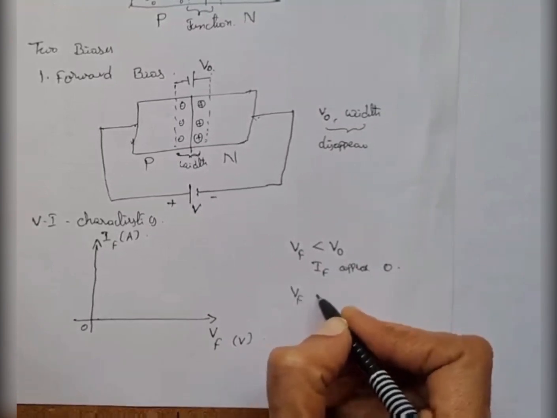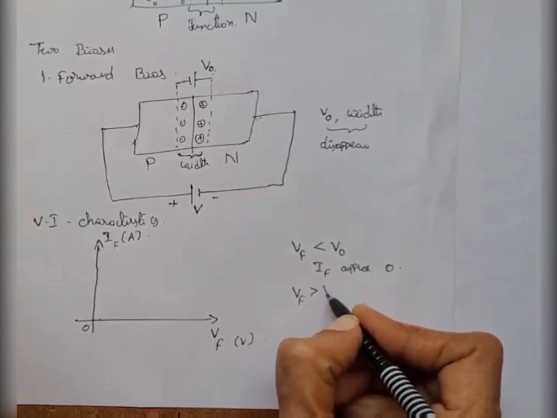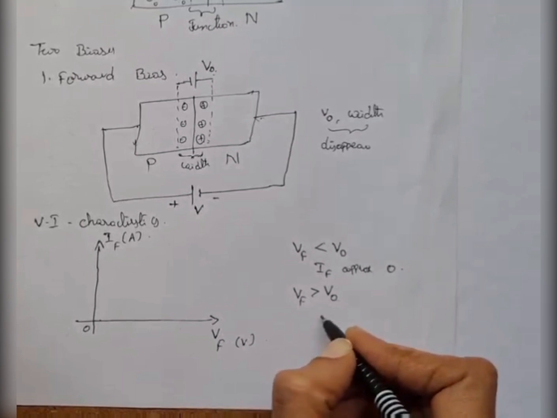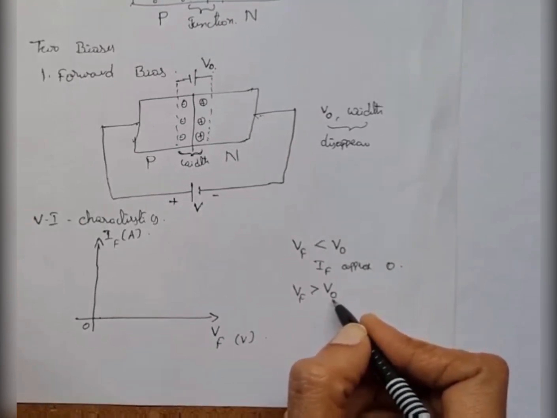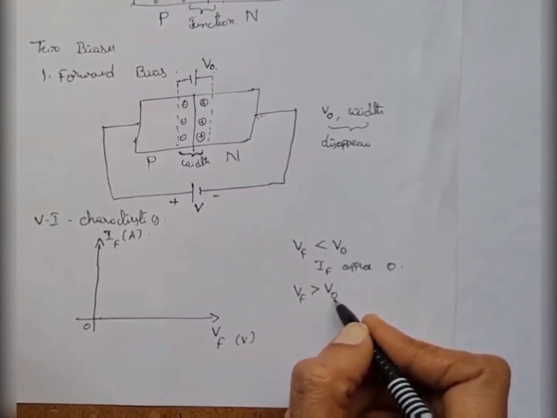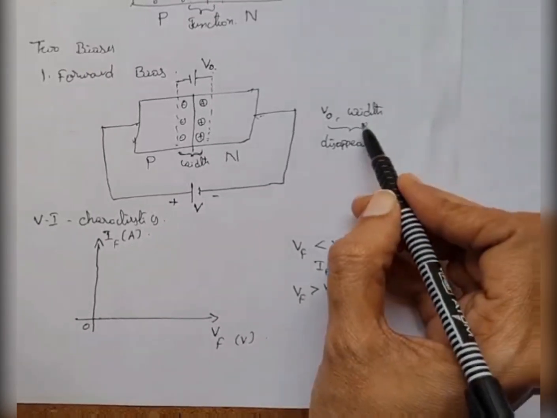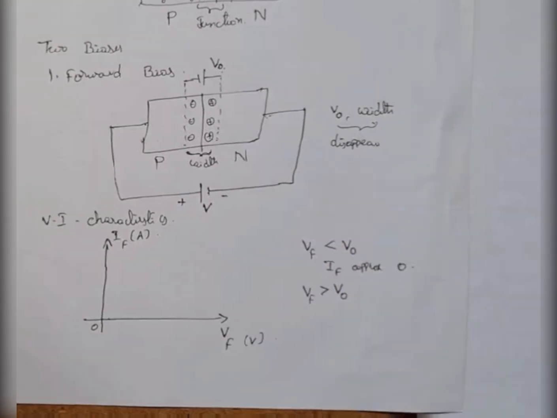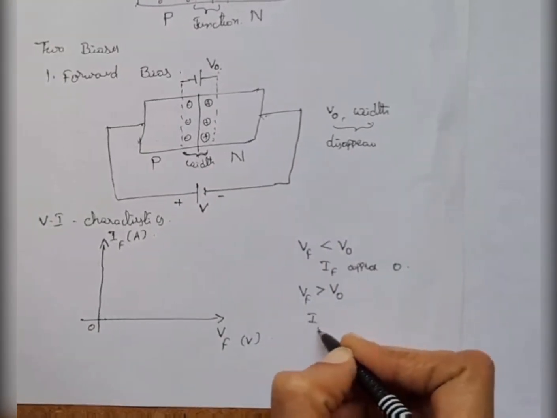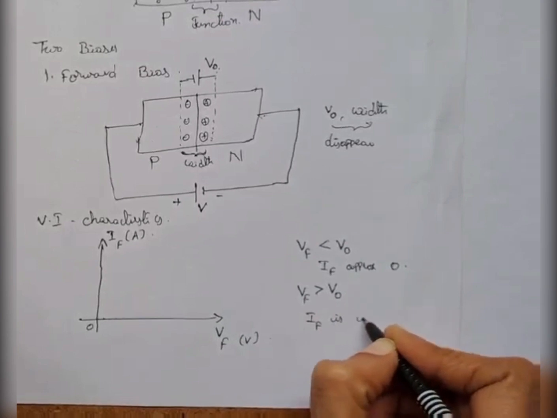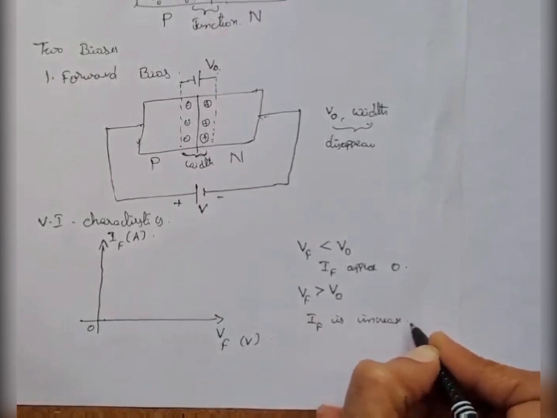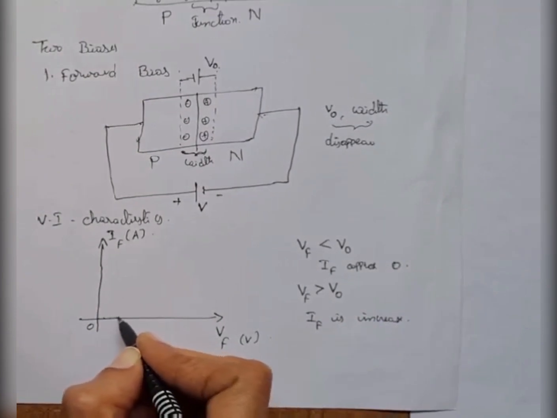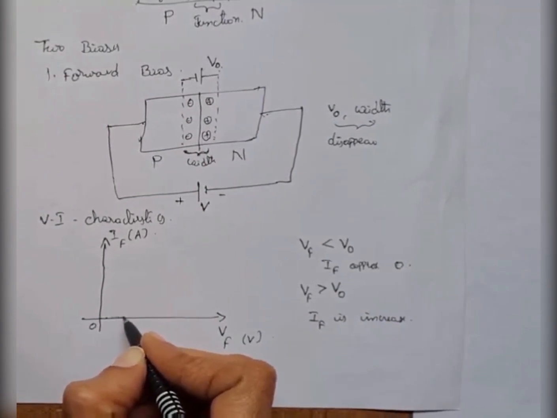When forward voltage is greater than the potential barrier voltage, then this potential barrier voltage disappears. At the same time, the width of the depletion region disappears. Then IF increases. See here, VF is less than V0, which means up to some condition it is approximately 0.